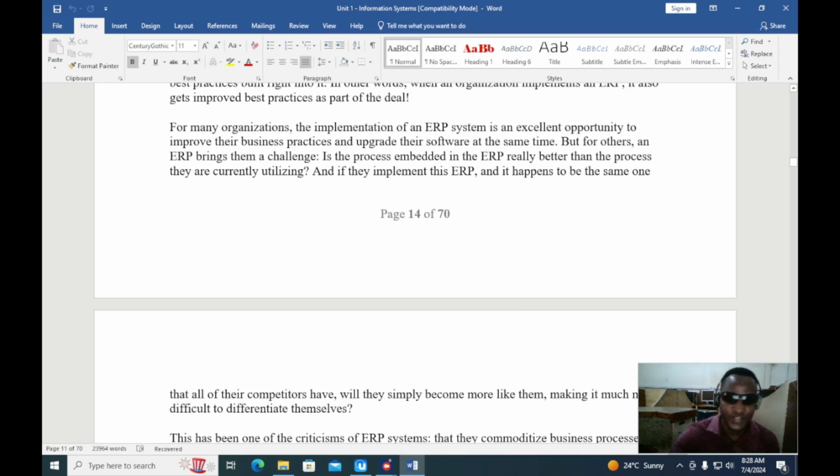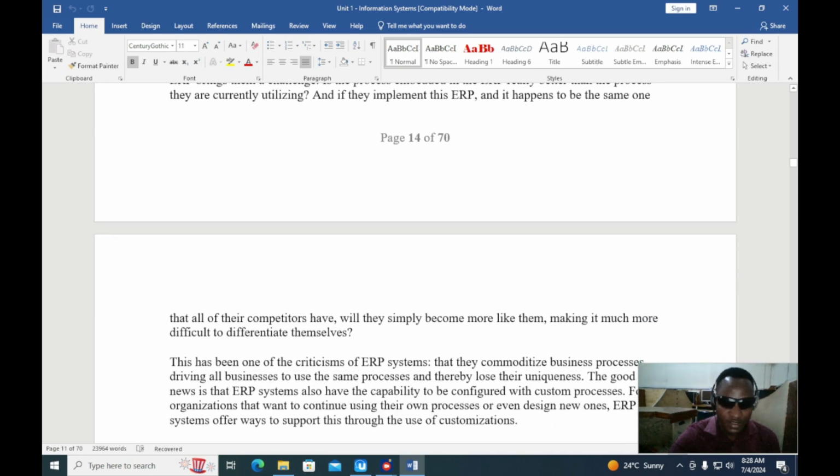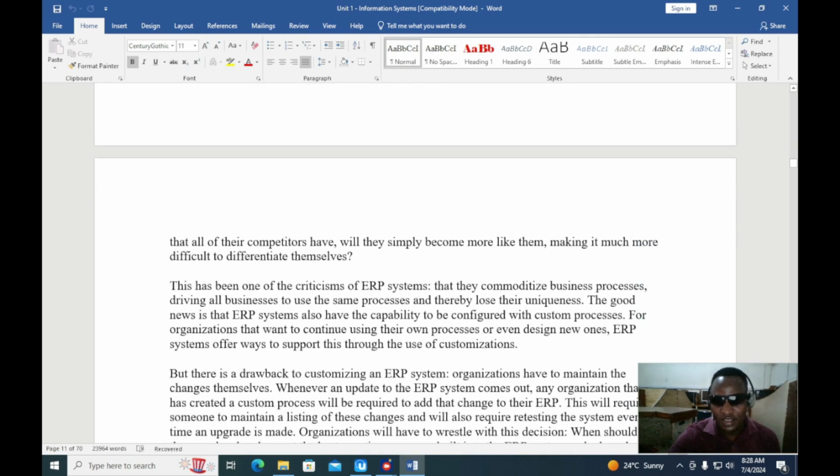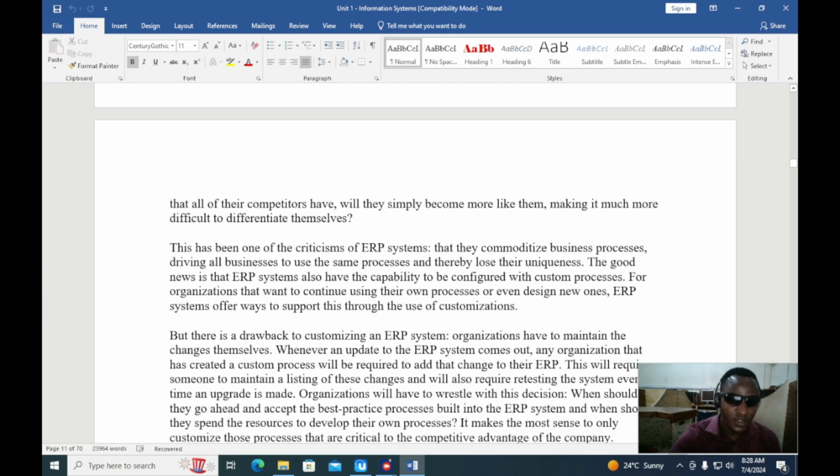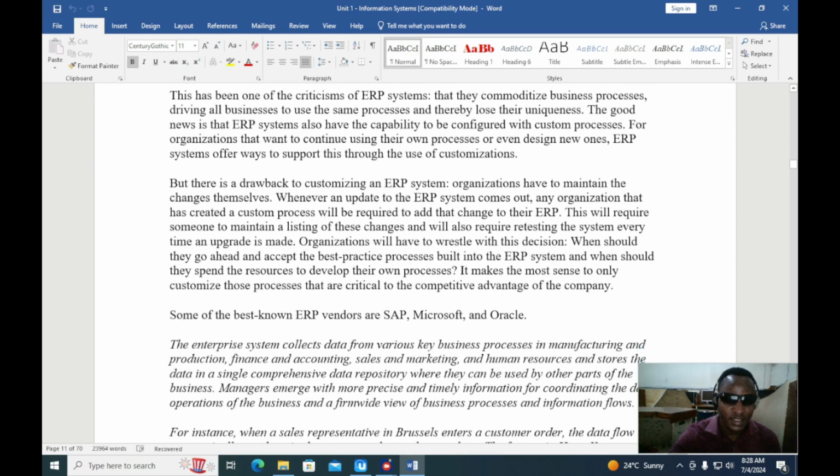Things like, if we implement this ERP and it happens to be the same as the one that our competitors have, then it means they will simply become more like them, and that is going to make it very difficult for them to differentiate themselves.